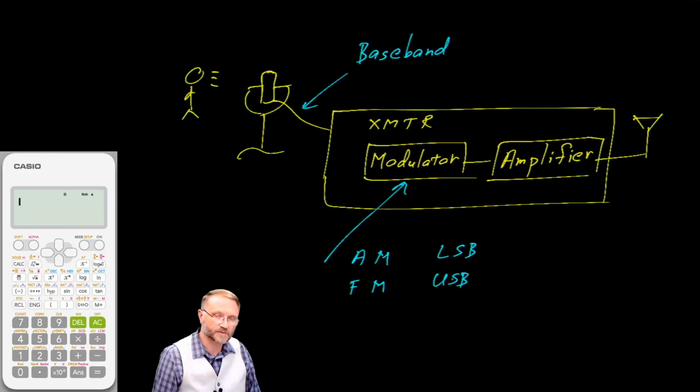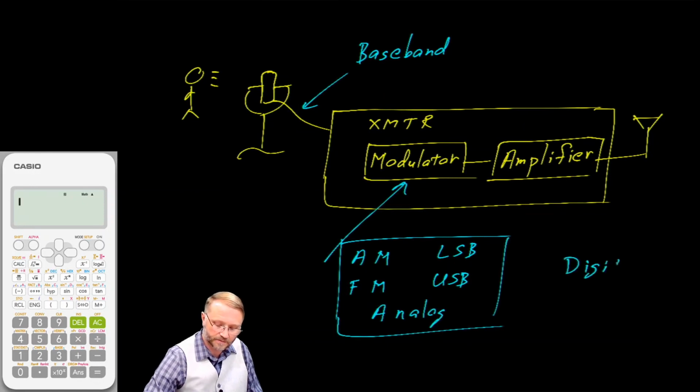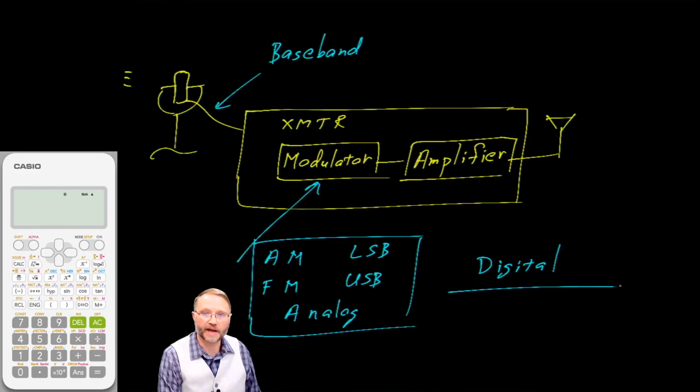Those were some of the terms we learned. And as we go along, we'll add even more complexity when we change the modulator from analog to digital. Once we get that far, we're one step away from understanding things like Bluetooth or wireless Ethernet.